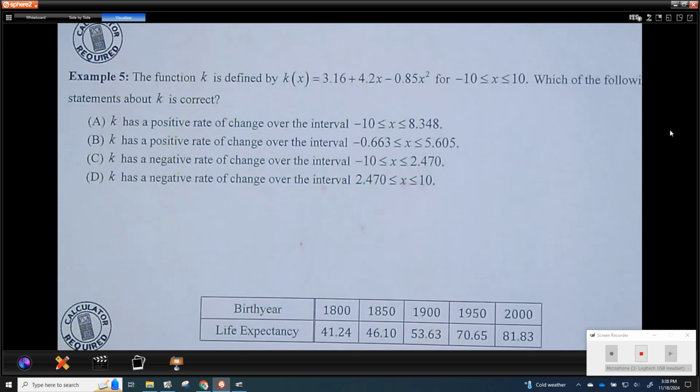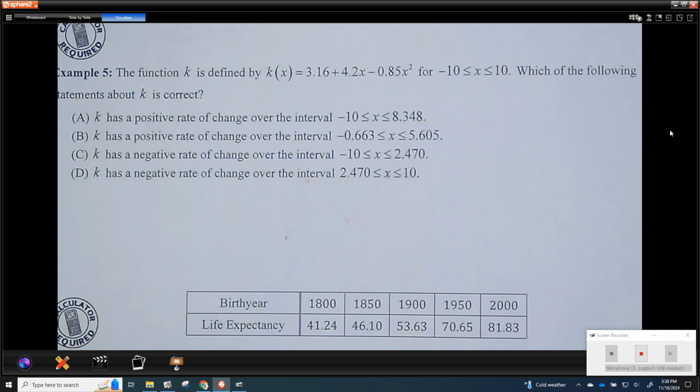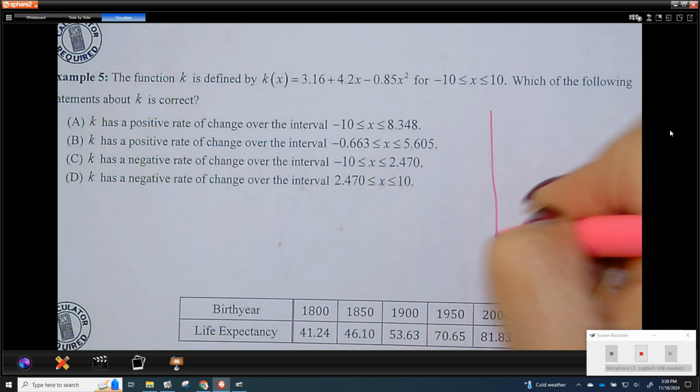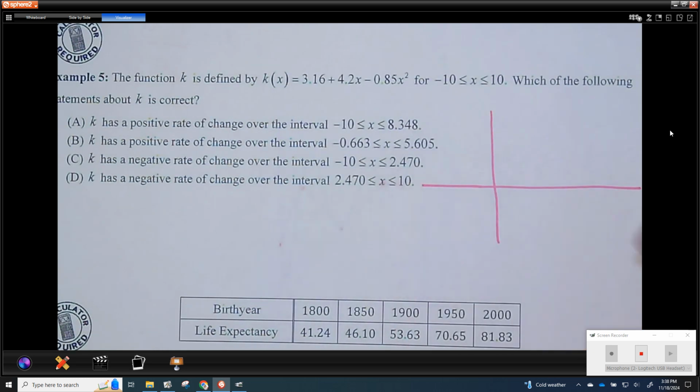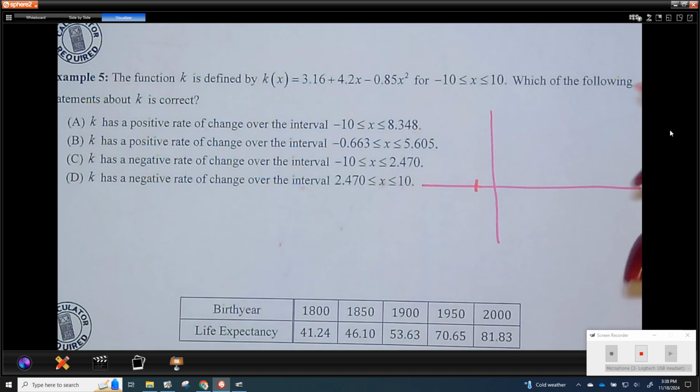The function here, which of the following are true? So you could graph it from negative 10 to 10, or I will show you what it looks like, just so you know. So it passes about right here. 1, 2, 3, 4.